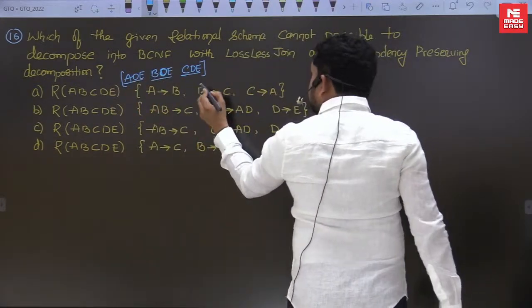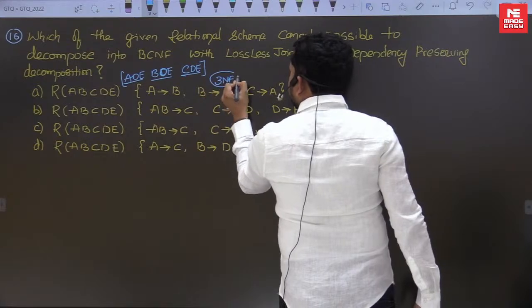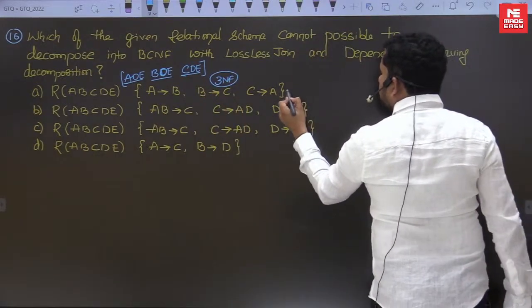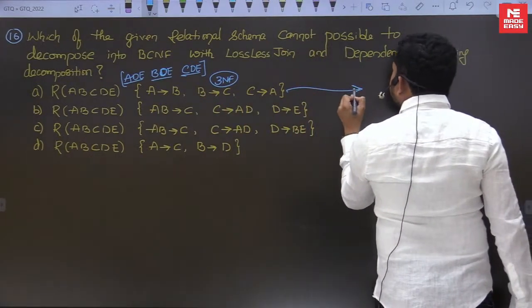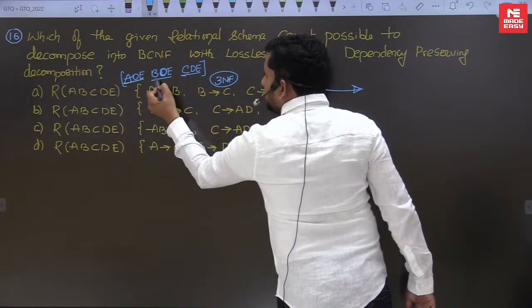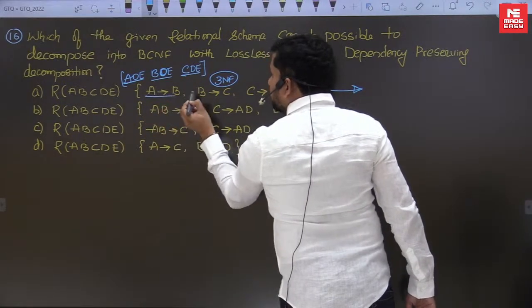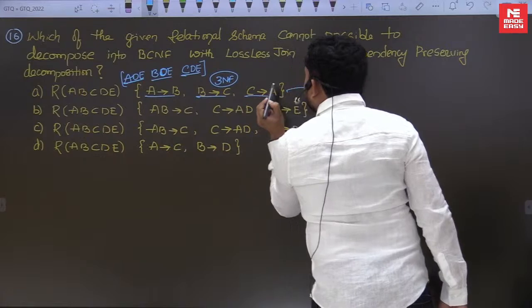So this given relation is in 3NF but not in BCNF. Okay, the given relation is 3NF but not in BCNF, but it can be decomposed into BCNF. Okay, because ADE and BDE, CDE are the candidate keys. So the first FD fails, the second FD also fails, the third FD also fails.